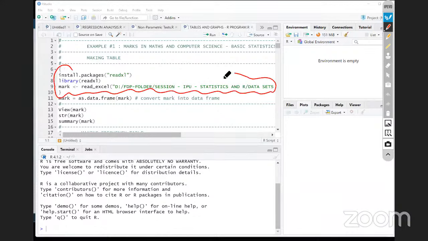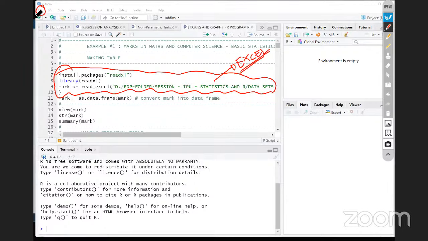So these are the commands which we are going to use, and the data is in an Excel file. So you can write the command here, or you can download by using the file option, which is here. Okay.